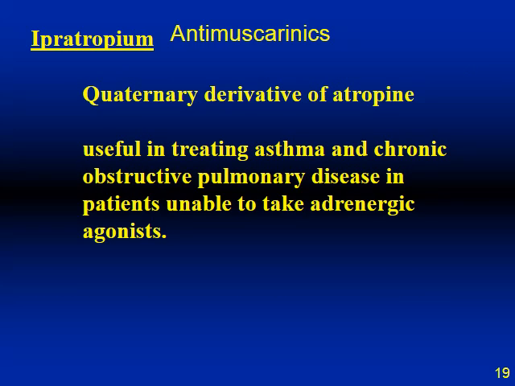Ipratropium is a quaternary derivative of atropine, and it's useful in treating asthma and chronic obstructive pulmonary disease, particularly in patients who are unable to take adrenergic agonists, such as albuterol.